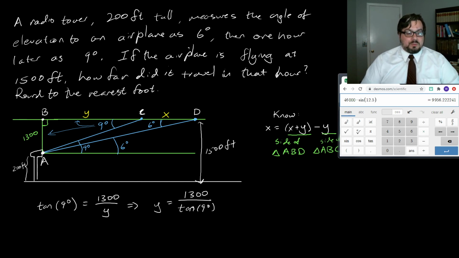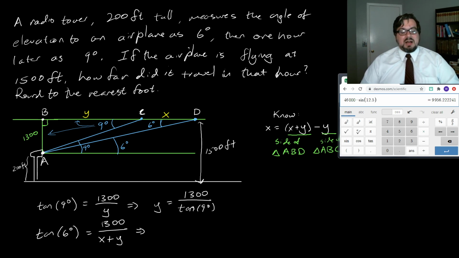So again, we're going to use tangent, and we have that tangent of 6 degrees is equal to 1300 over x plus y, which implies that if we solve for x plus y, we get that x plus y is equal to 1300 over tangent of 6 degrees.